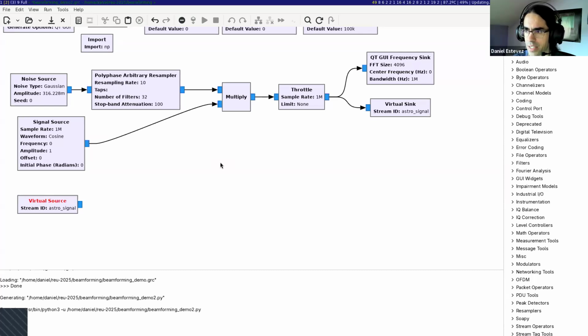Because phase changes over time, you can think of the signal propagating through space. And if you are at different points of space, you are going to see different phases. At different points in time, you are also going to see different phases. So basically, the fact that the signal arrives at different times at each of the two antennas also causes a different phase in each of the two antennas.